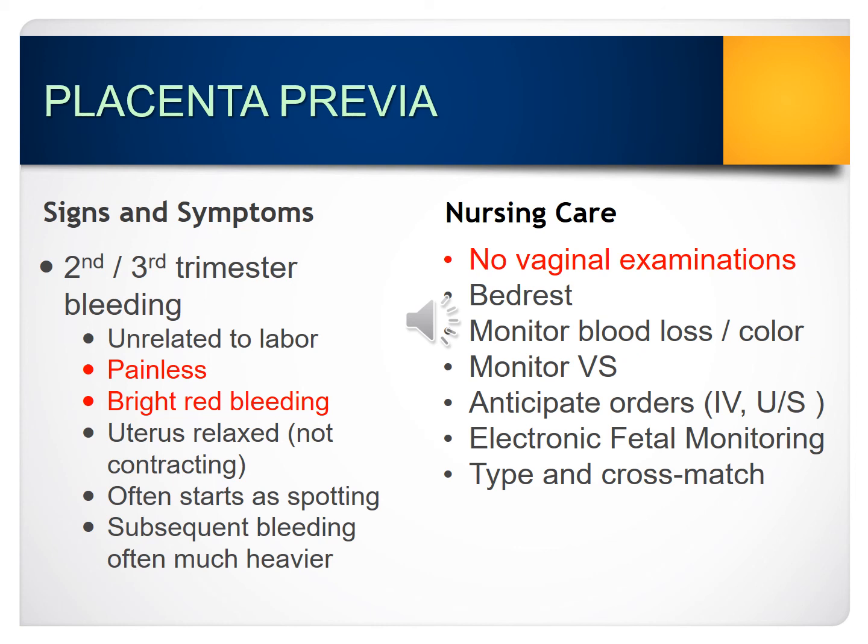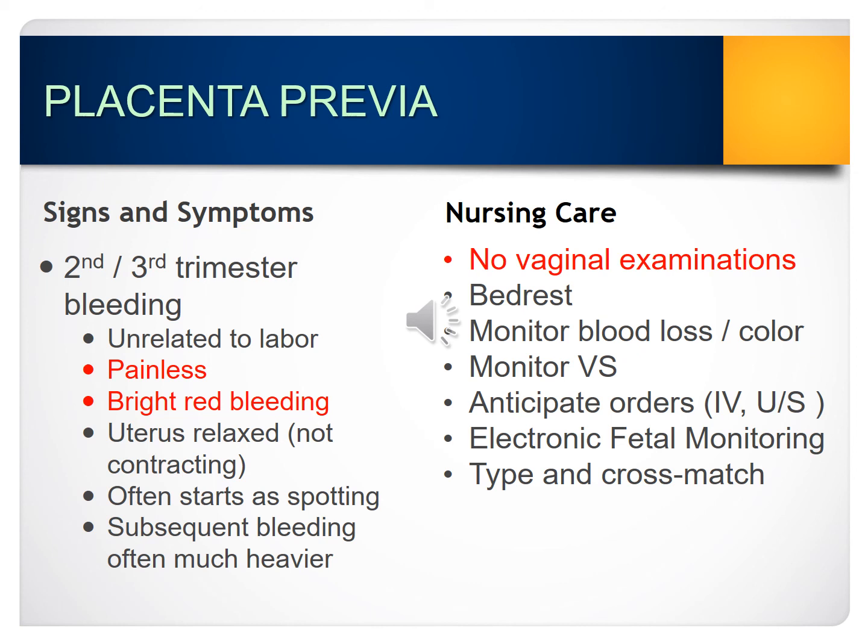So if she has painless, bright red bleeding, one of your differential diagnoses would be placenta previa. If a woman presents with bright red bleeding, no one should be doing a vaginal exam.